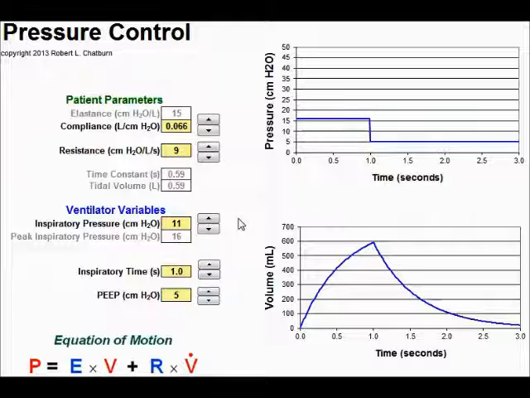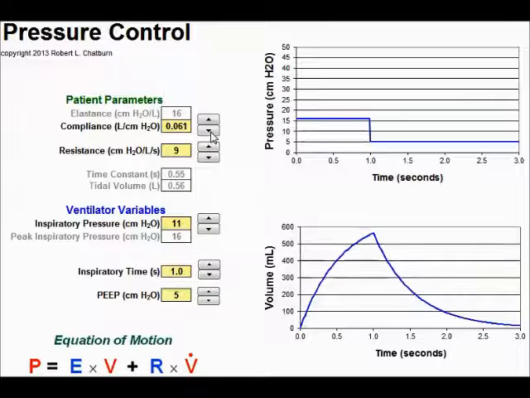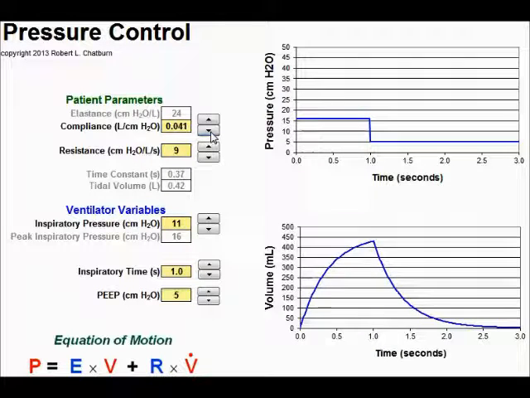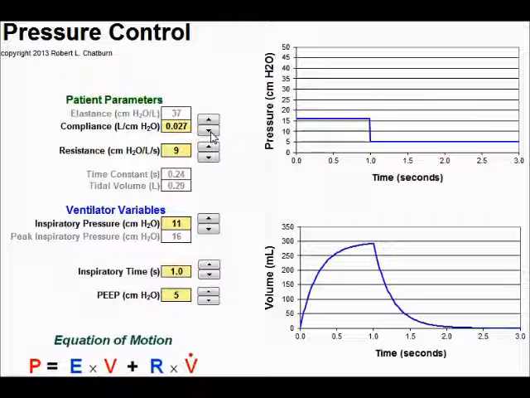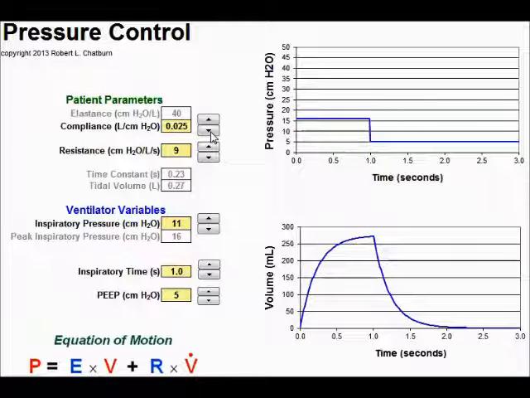Now I'm just going to change the compliance and make it like the compliance of a patient who has ARDS. I'll decrease that to 25. There we go, 25.